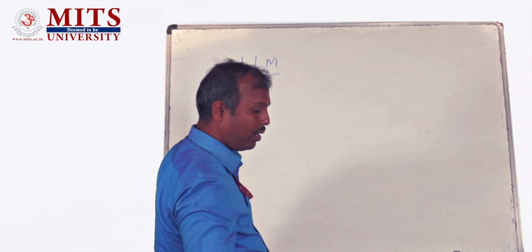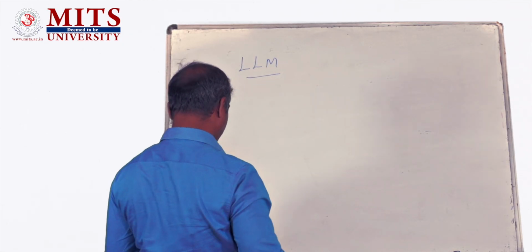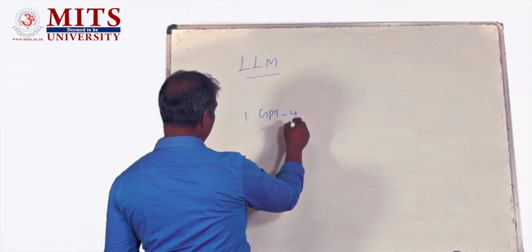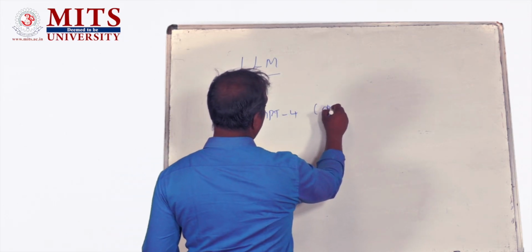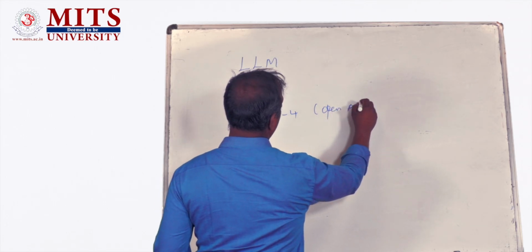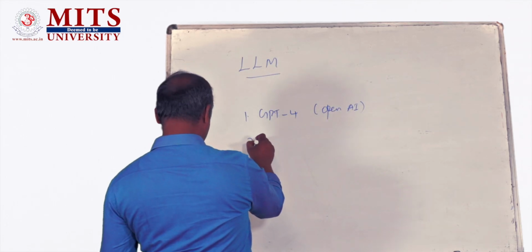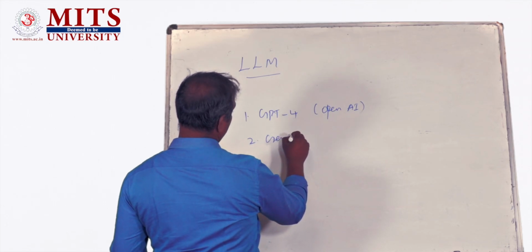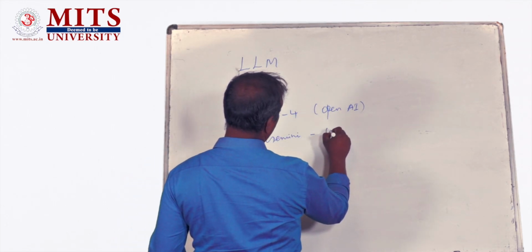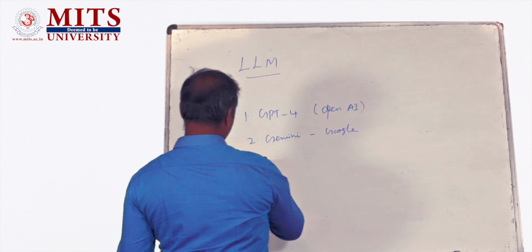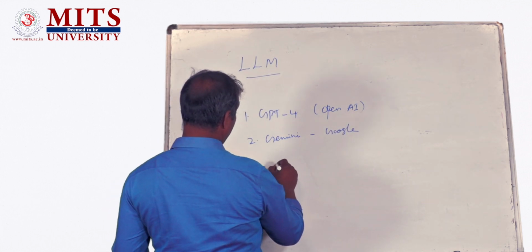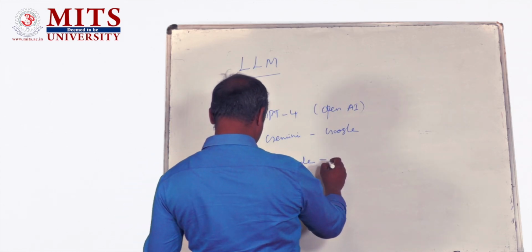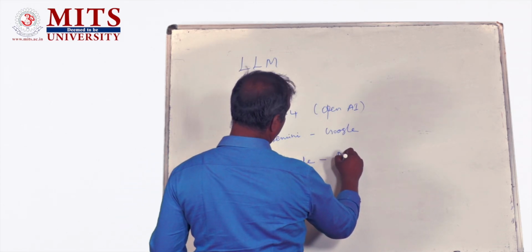We know many LLMs are there, like ChatGPT, and first GPT-4. We know it is developed by OpenAI. The second one is Gemini AI, developed by Google. Third one is Claude AI, developed by Anthropic.